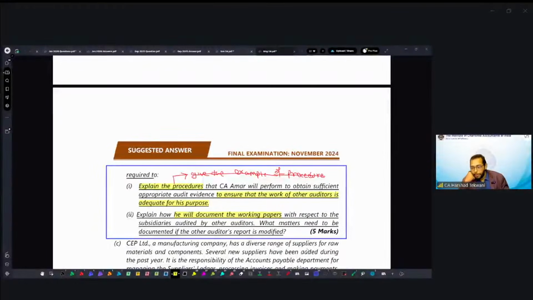People will see how he will document the working paper. They will focus on documentation, so they will go to SA 230 and provide the reference of that particular standard, how this documentation happens, what standard is there. A lot of people will go into detail, like permanent file, yearly file, timely documentation, assembly of the audit file. Some students may also go to quality control. That is not required.